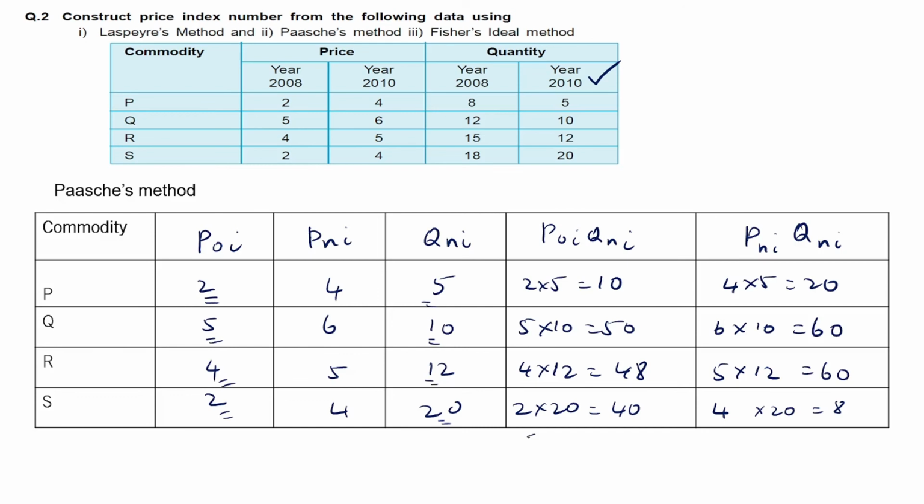Here if we add all these, we get summation P naught I Q n I, so it is 148. And then if we add all these, we get summation P n I Q n I, which is 20 plus 60 plus 60 plus 80, equal to 220.